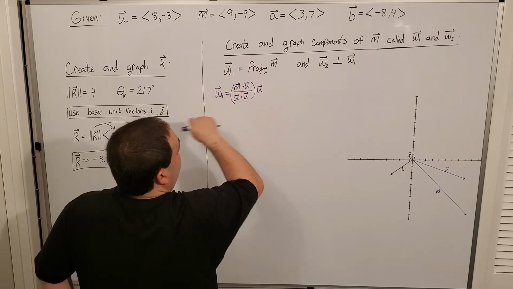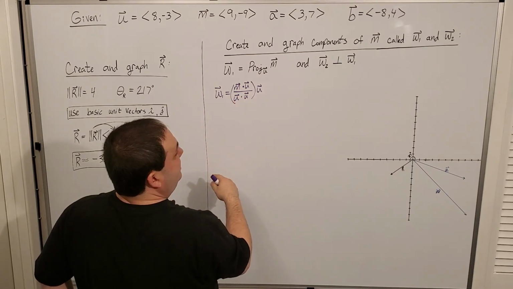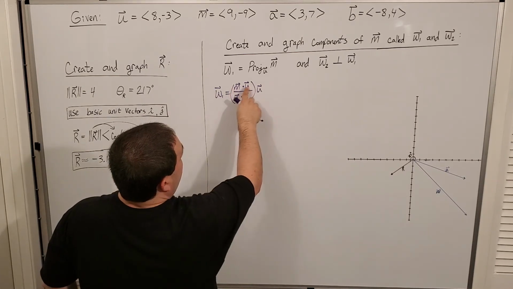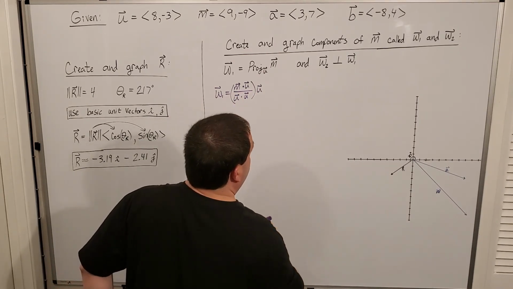And of course there's other versions that you can memorize and whatnot. The U dot U just gives the magnitude of U but squared, right? And then M dot U, of course, is the dot product, and I have to multiply times the U vector.